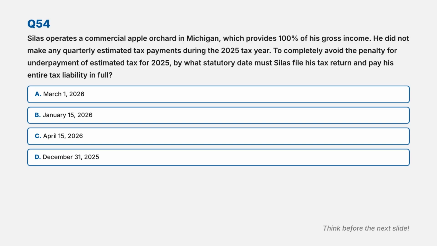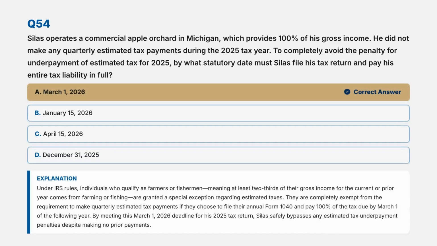A. March 1st, 2026. B. January 15th, 2026. C. April 15th, 2026. D. December 31st, 2025. The correct answer is A. March 1st, 2026.